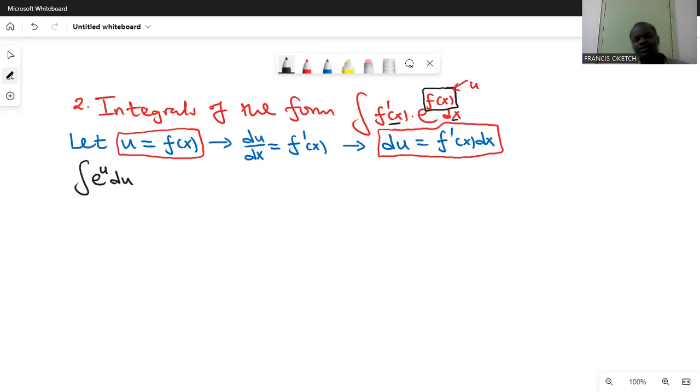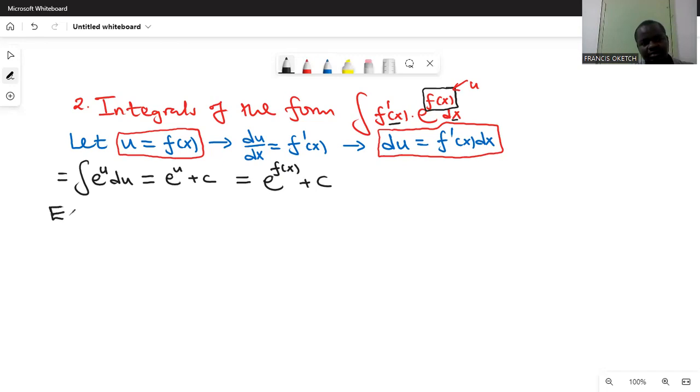And then now you need to ask yourself, what did I differentiate to get exponential u? It is the same exponential u, but then there's a constant c of integration. And if I replace u, I'll get exponential f of x plus a constant c.